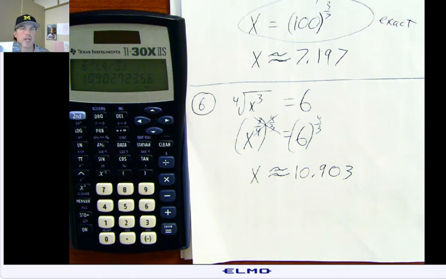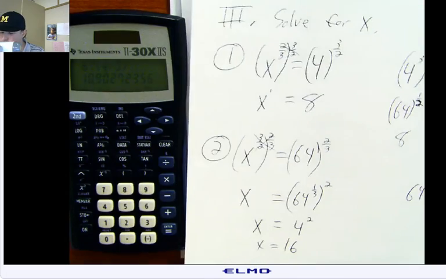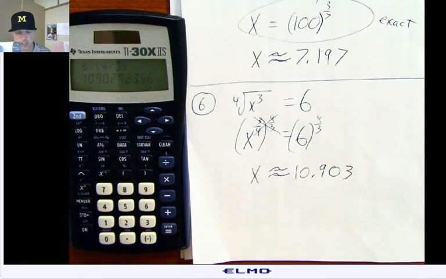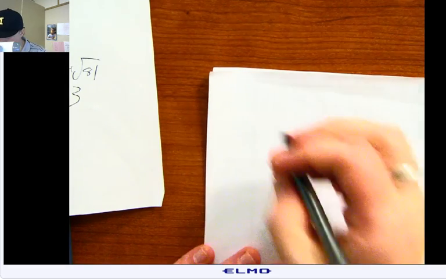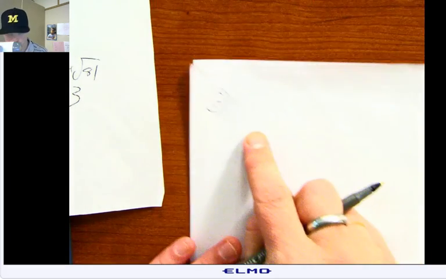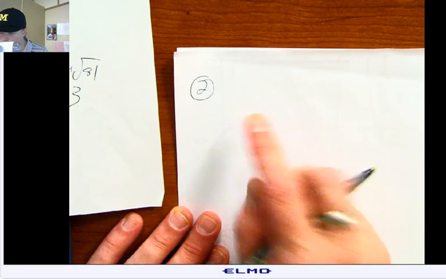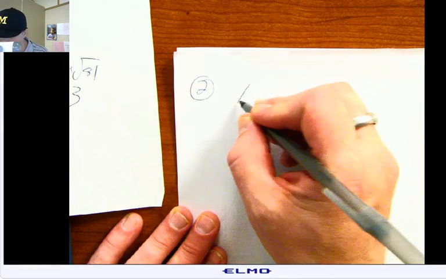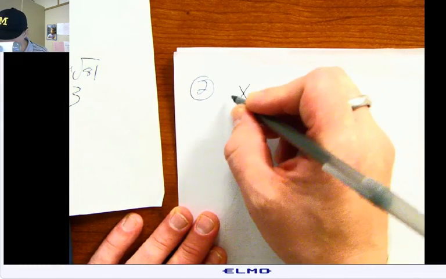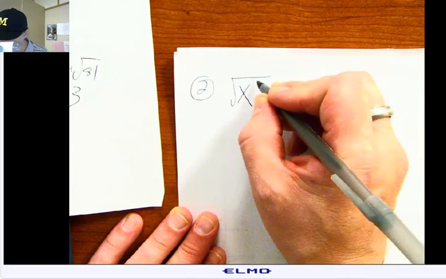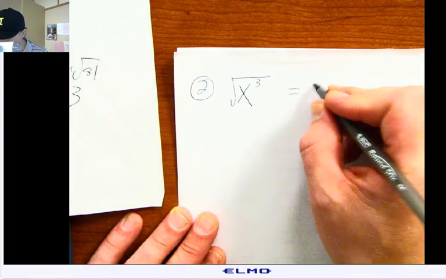Okay, so that's solving equations using fractional exponents. The last thing I could do as an example is like example 2, where I said x to the 3 halves equals 64. Maybe it would read like the square root of x cubed equals 64.